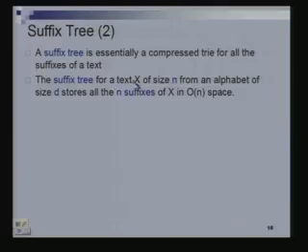So suffix tree for a text X of size n from an alphabet of size D stores all the n suffixes of X in order n. D constant assume कर रहा हूँ तो order n space में लिखा है, ठीक है. D is typically small, right? So it doesn't require too much space.